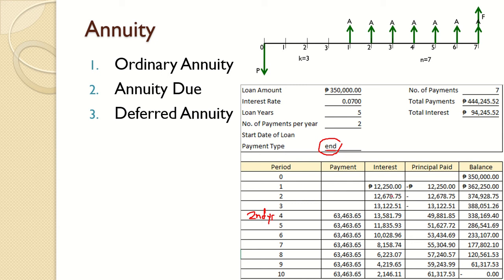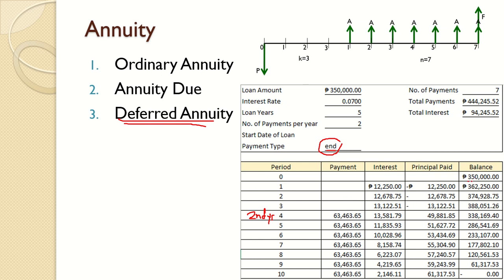So you have to check the terms and conditions on whether there is interest within those years when you did not pay, because that's the concept of deferred annuity. Though payment is done after a certain number of periods, every compounding period interest is still placed.